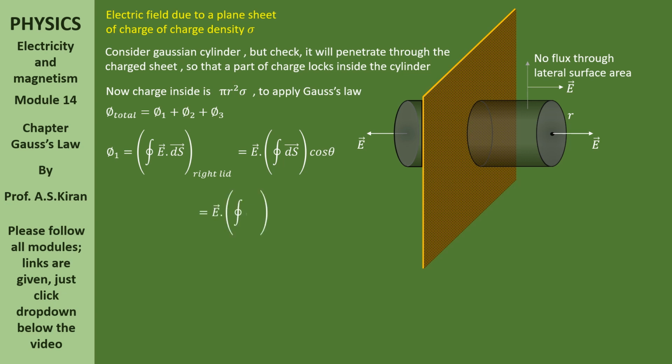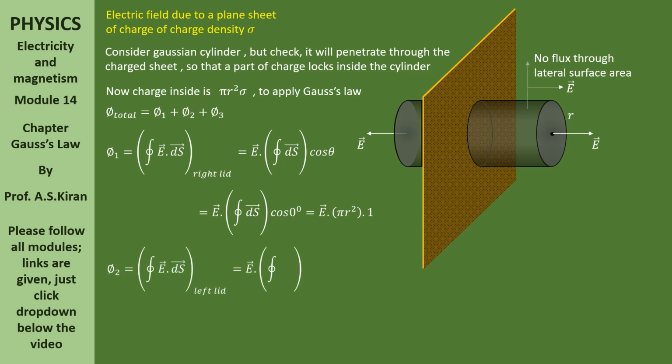So now phi 1 is equals to E bar circular integral of ds cos 0 degrees, that is equals to E bar. What is circular integral of ds? The total area of that lid, that is pi r square. So by all means, phi 1 is equals to E bar pi r square into 1.